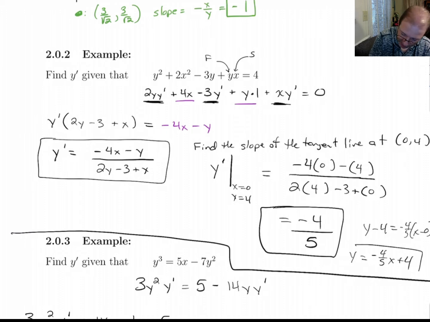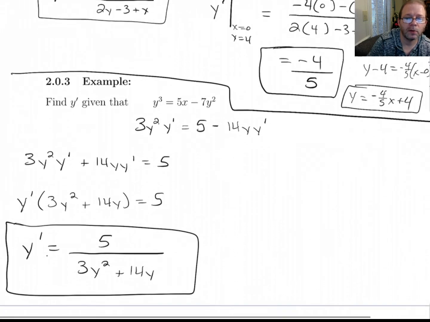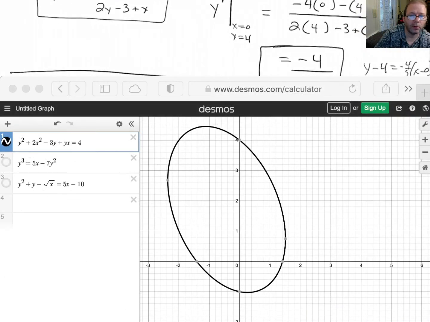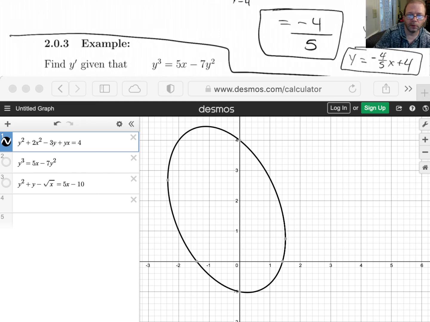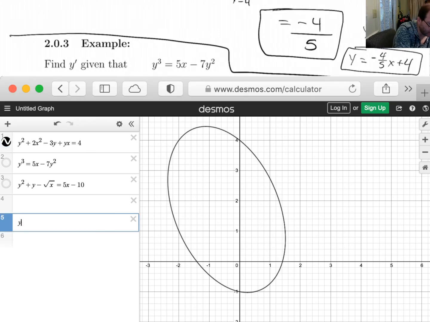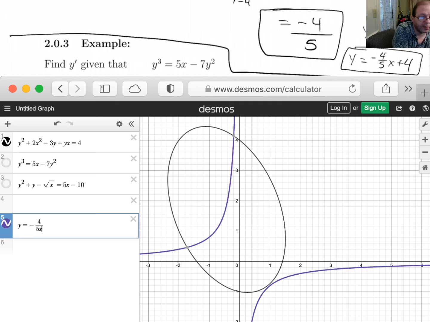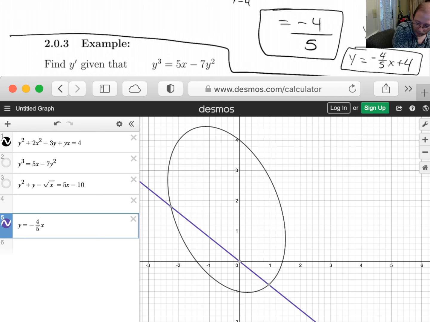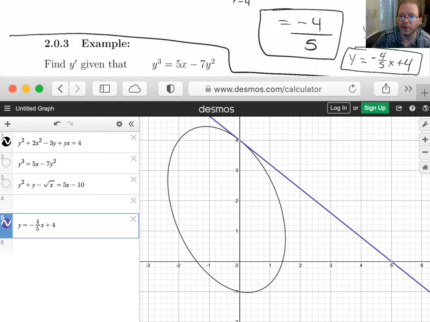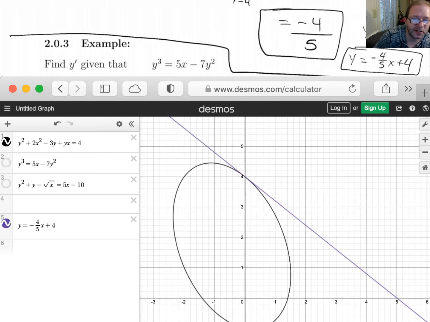That should be my tangent line. So let's graph that and see. So let's see, y equals -4/5 x plus 4. Yeah, sure enough, it's right there. That's the tangent line right at that point.